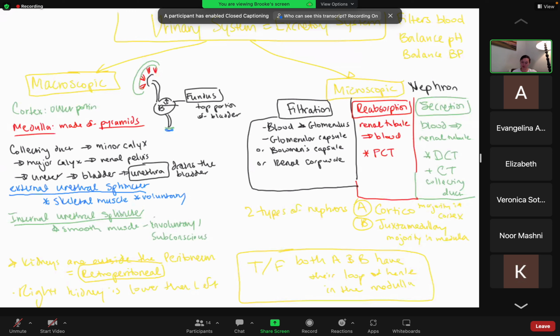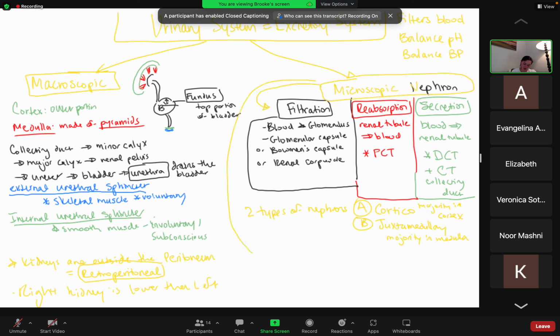So that would be a true statement. So for the test, both have their loop of Henle in the medulla. It's just that the cortico majority is in the cortex, juxtamedullary majority is in the medulla. Very nice. All right, so that's the function. So this would be nephron. Oops, that didn't go well. Microscopic nephron. This would be function here.